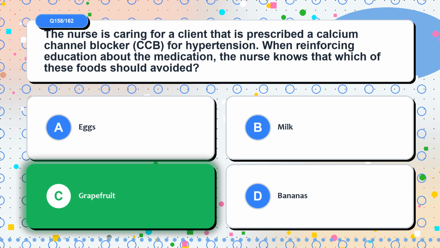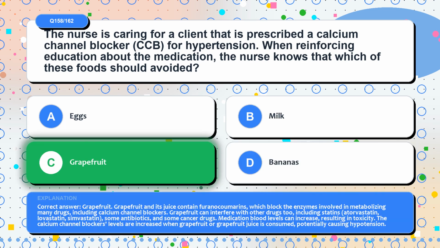The correct answer is option C. Grapefruit. Grapefruit and its juice contain furanocoumarins, which block the enzymes involved in metabolizing many drugs, including calcium channel blockers.